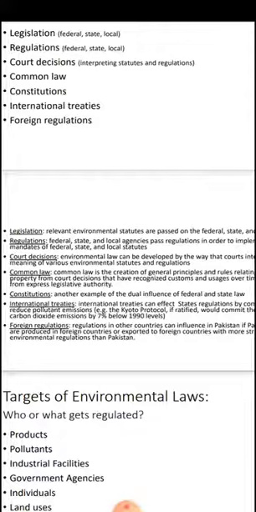So the legislative process is a very detailed one, and very complicated as well, because it has so many minute details which must be fulfilled.